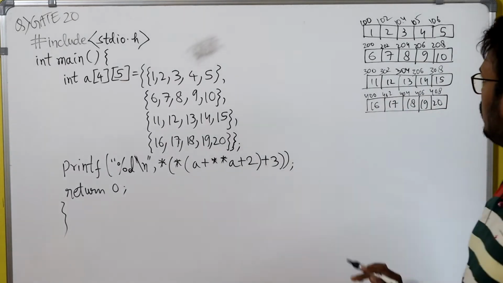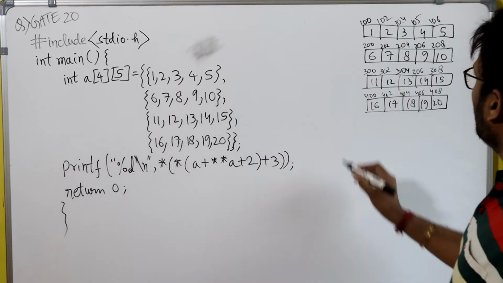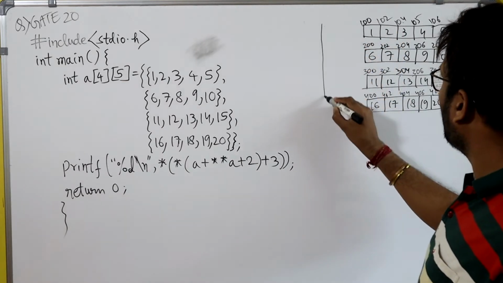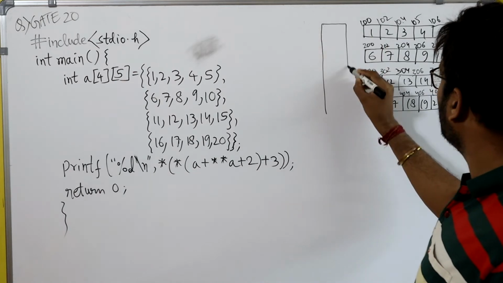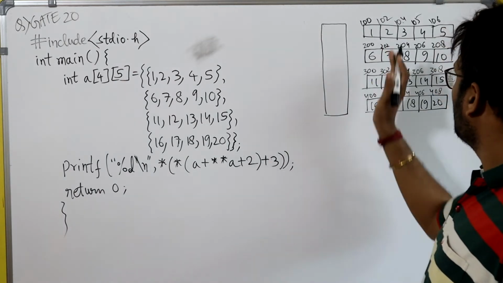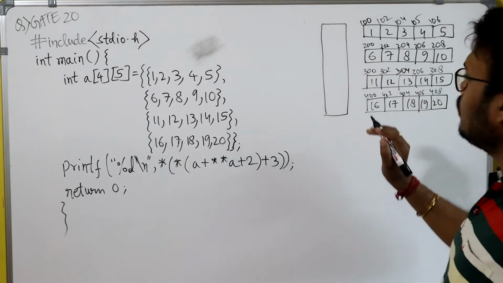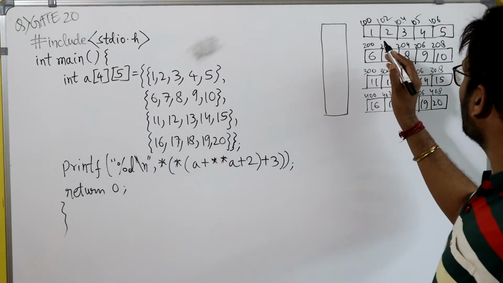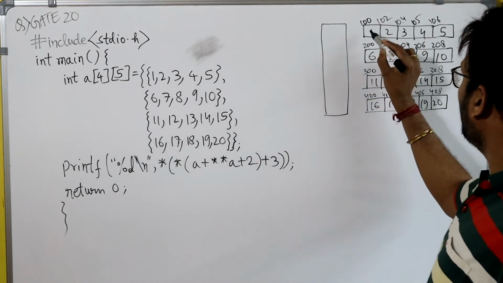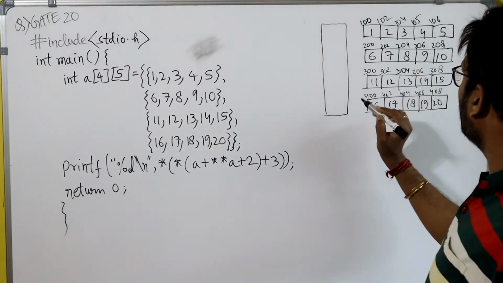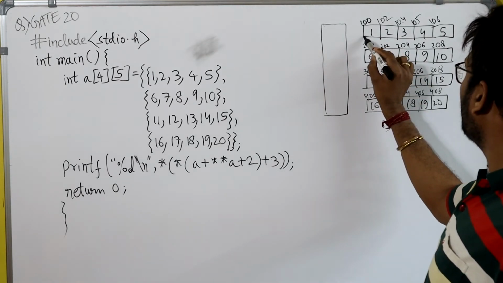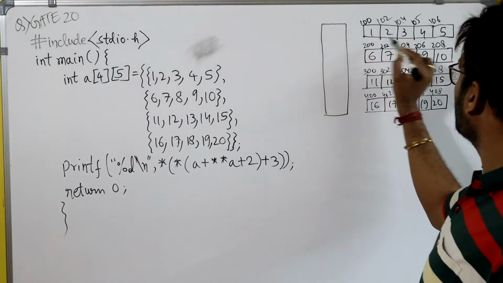Since it's a 2D array, there will be another array which will store the base pointers of all these arrays. What is the base address of the first array? 100.